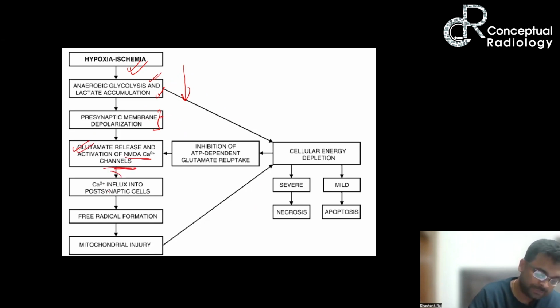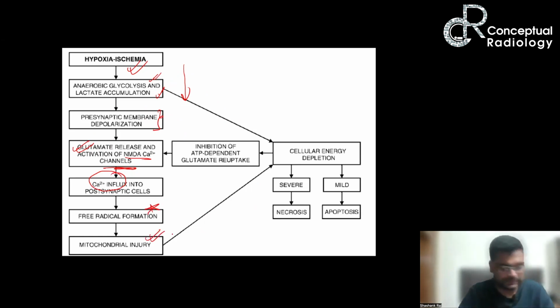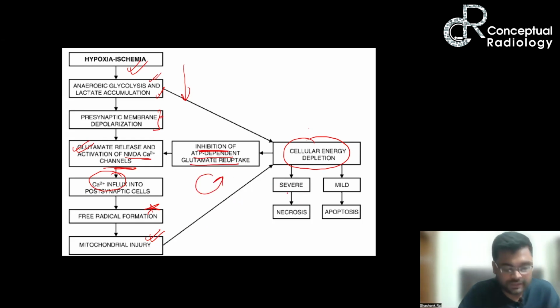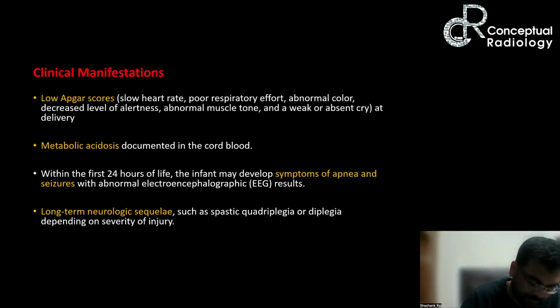This will lead to calcium influx into postsynaptic cells, which will lead to free radical formation and ultimately mitochondrial injury. This mitochondrial injury will again lead to further depletion of cellular energy. And with reduced ATP, there will be inhibition of ATP-dependent glutamate reuptake. So this will be a vicious cycle. And then depending on the severity, there can be necrosis or apoptosis. This is all theoretical. You can remember this for your theory exams.